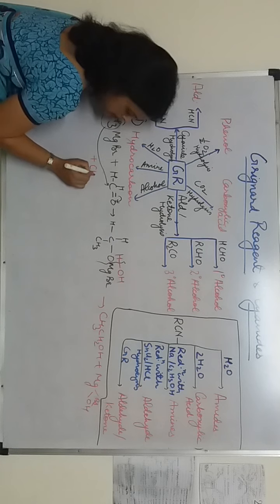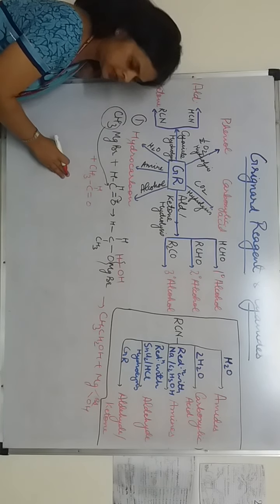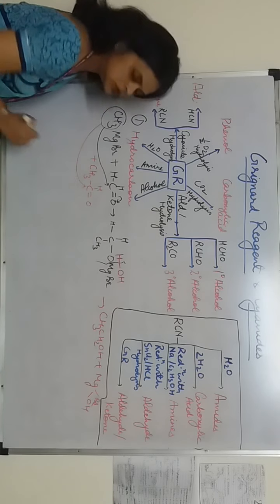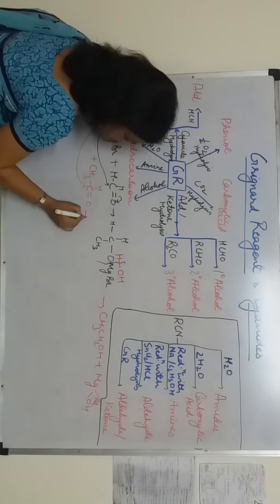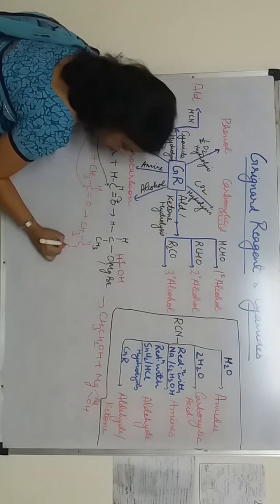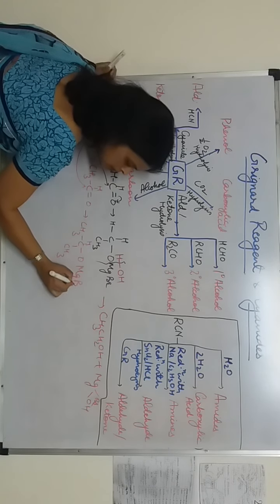Suppose we are taking CH3CHO, ethanal. In the same way this methyl group will get attached to this carbon. The structure will be like this: CH3, C, H, CH3, O, Mg, Br.